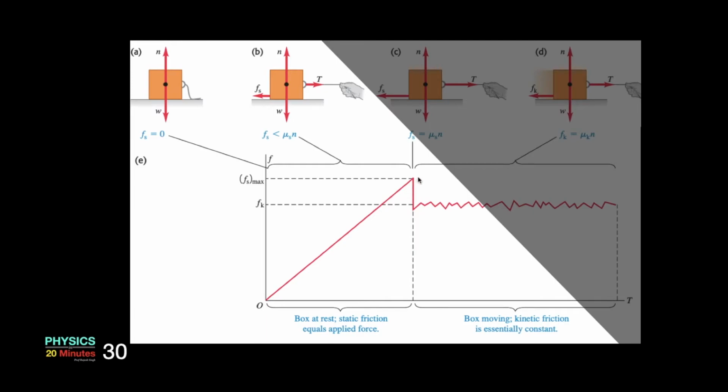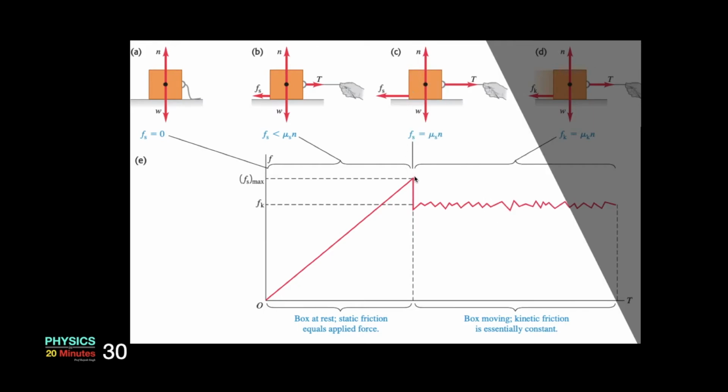But there is a maximum limit for a given pair of surfaces up to which the static friction can increase. Once that limit is reached, we call the static friction maximized, and after that the static friction breaks down. That means once you have reached that maximum, the tension takes over and the block will start moving.